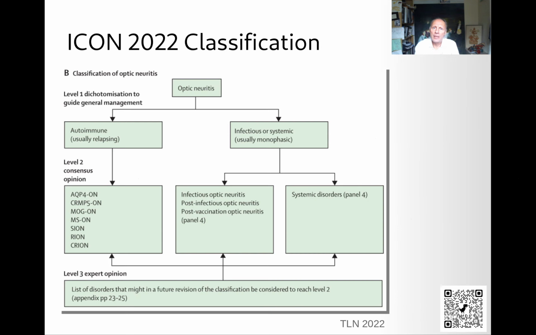With that we come to the classification, prepared to make a difference between the likely monophasic post-infectious, like the dengue fever case. There's also post-vaccination, the context of systemic disorders, or the autoimmune conditions which are more likely to be relapsing, and we named them after the antibodies: ICON2022 optic neuritis, CRMP5 optic neuritis, MOG optic neuritis, MS optic neuritis.